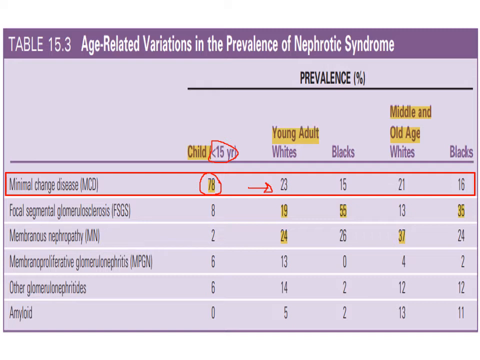Incidence of minimal change decreases from 78% to, in young adults, whether white or black, 15 to 23%. In middle age and old age, whether white or black, it accounts for 16 to 21%, a range of 15 to 20% of cases of nephrotic syndrome.